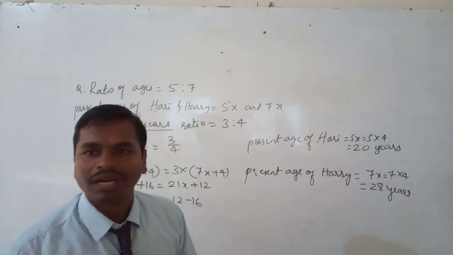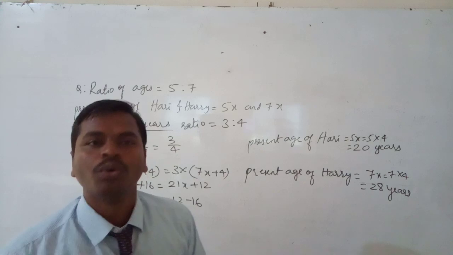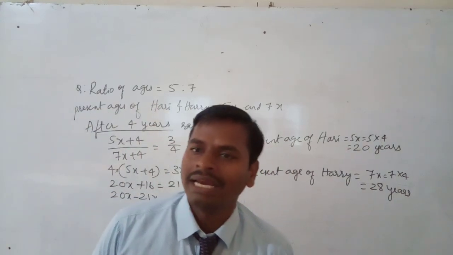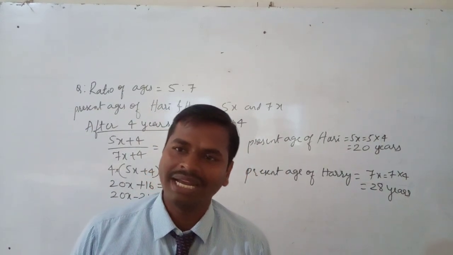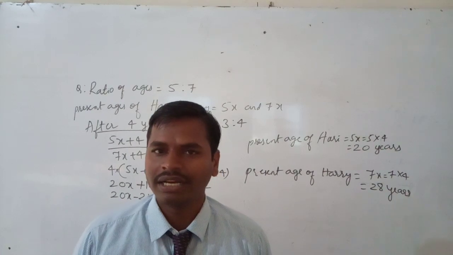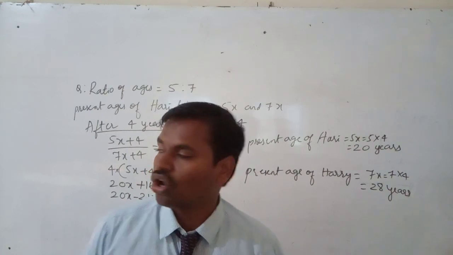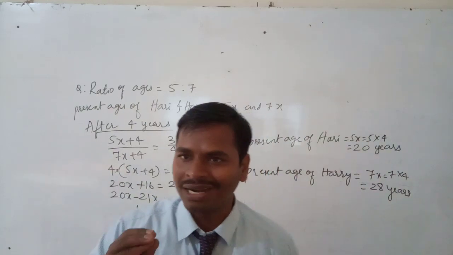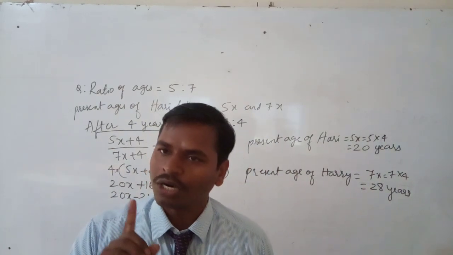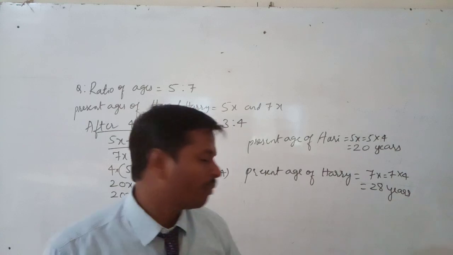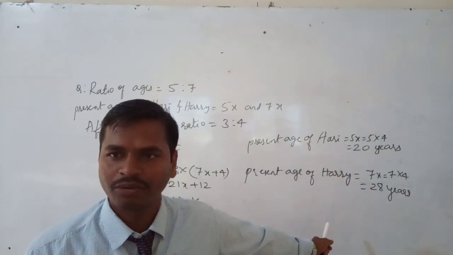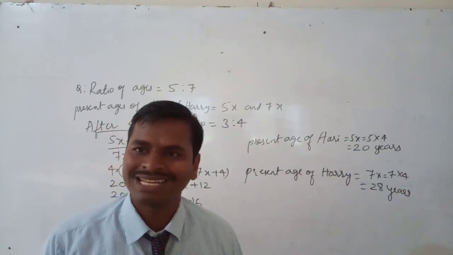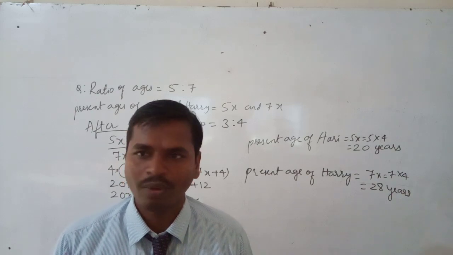Like this, whatever it is, if it is a word problem, we will convert it to a linear equation and solve it, and find the required values. These are all linear equations word problems. We will apply the given conditions in the question, convert to a linear equation, then solve it and find whatever values they are asking in the question.